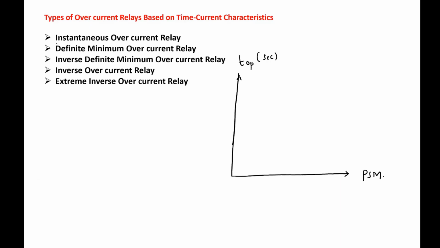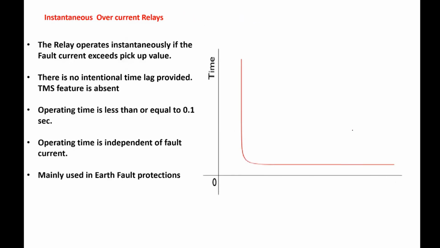Now, the first one is the instantaneous overcurrent relay. Here, the relay operates instantaneously once the fault current exceeds the pickup value.